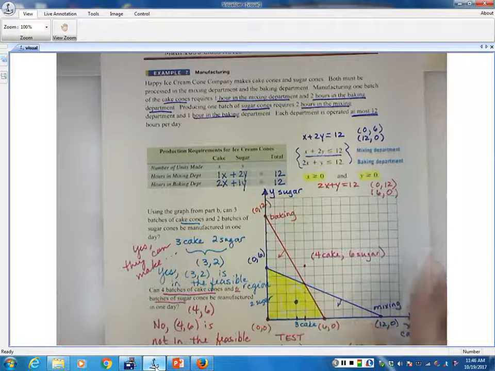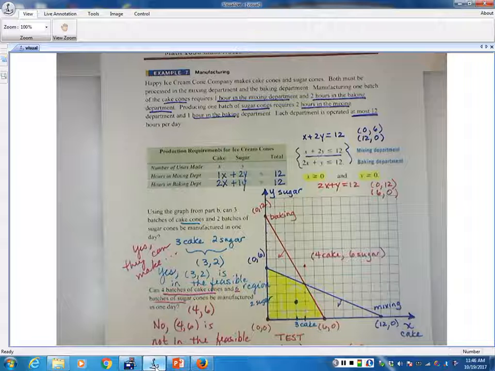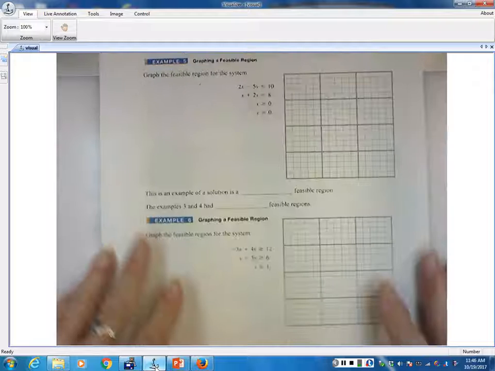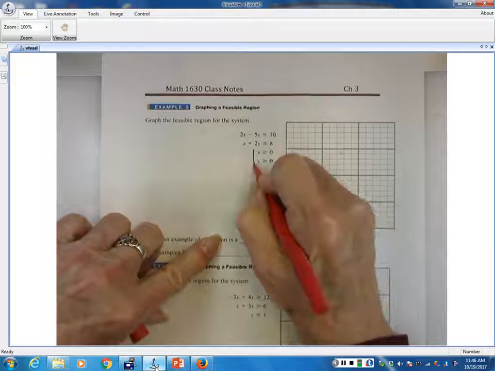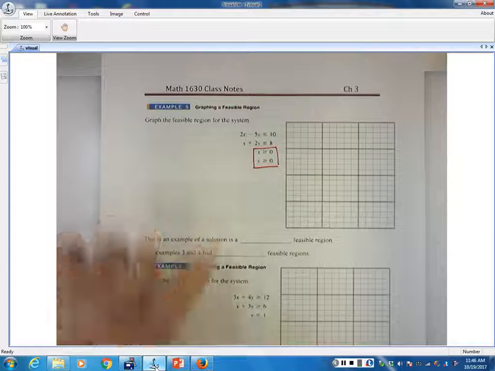Now backing up to the 2 that I left you with, I don't want you to bring these in so we can check them next time, because this is the only ones we haven't done. I want you to remember that what you need to do here is keep your graph to the first quadrant.